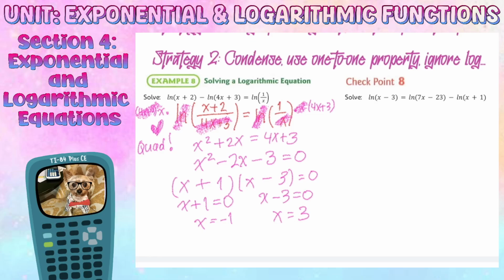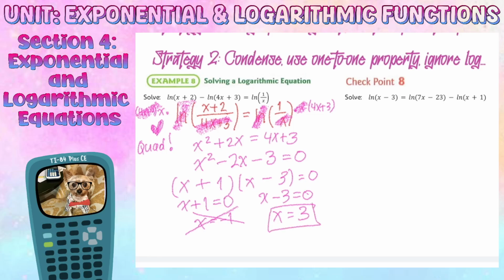Like if I filled negative 1 in here, negative 1 plus 2 is 1, so that's fine. But I run into a problem because negative 1's not so hot later on for other parts. So extraneous. Plug in the 3, I get 5, you're cool. I get 15, you're cool. I get 1/3, you're cool. So the x equals 3 is cool.